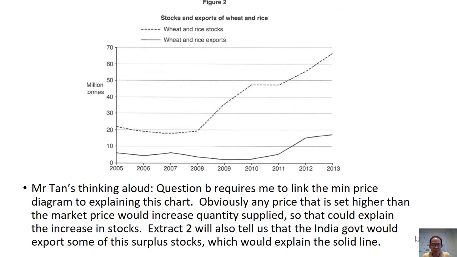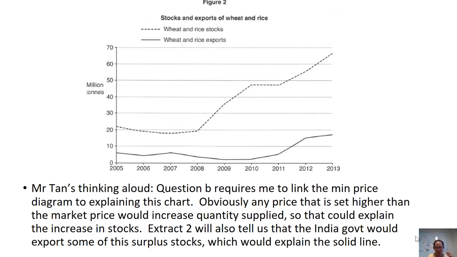The next figure is this figure 2. Okay, so you have a dotted line that shows the wheat and rice stocks and a solid line that shows wheat and rice exports. Now, let me demonstrate to you what I mean when I'm thinking aloud. I realize that when I look back at question B, it requires me to link the minimum price diagram to explain this chart.